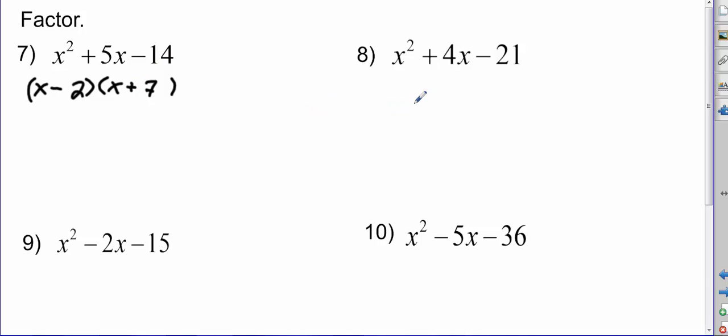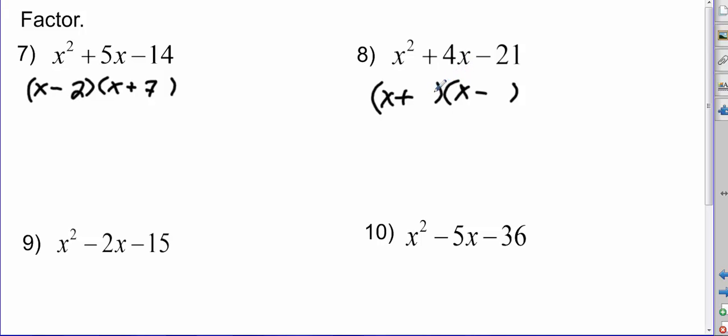So here we go with number 8. We have a negative number here in the product that we're going to get. And then in our sum, we're going to have a positive number. So in this one, we're going to also have another set of binomials where we've got a positive and a negative. Now it doesn't matter which one you put first or which one you put last. What matters is that you put the correct number with the correct sign.